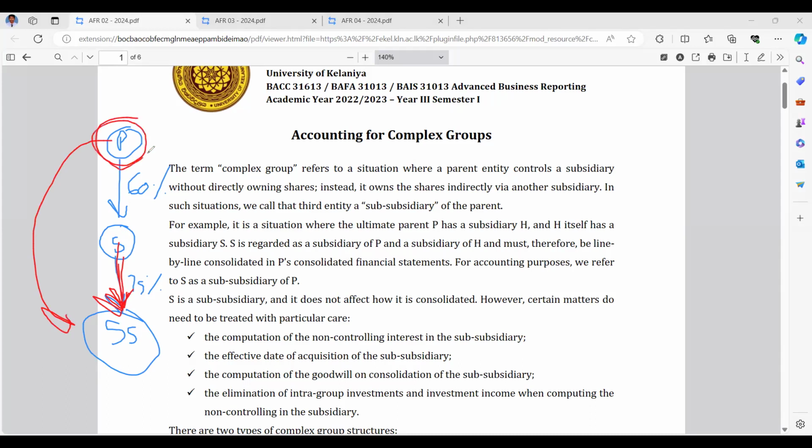Therefore, we call P the ultimate parent. This is the subsidiary. This is a sub-subsidiary of the parent.